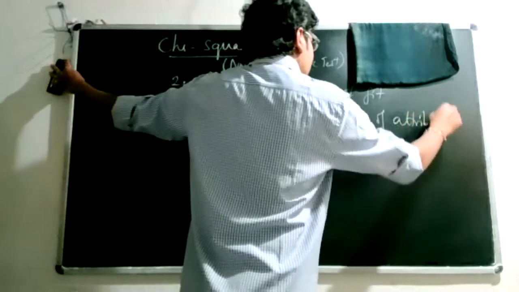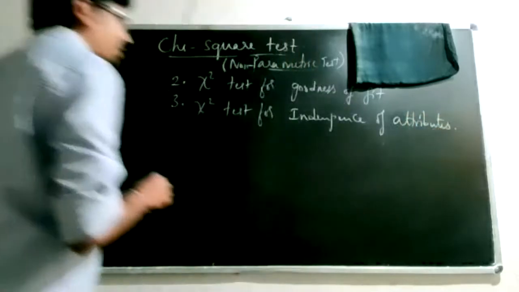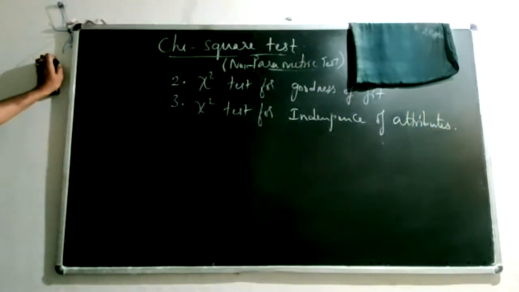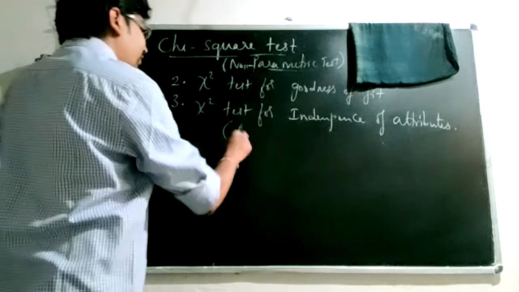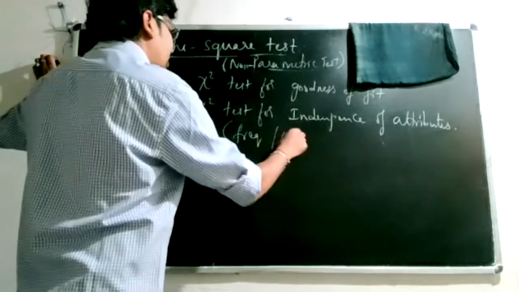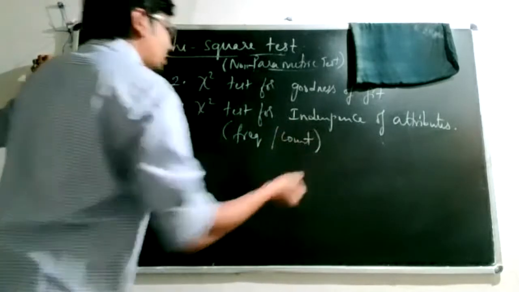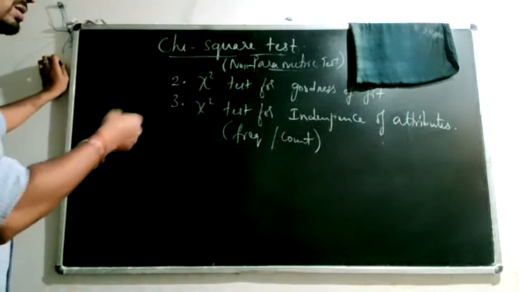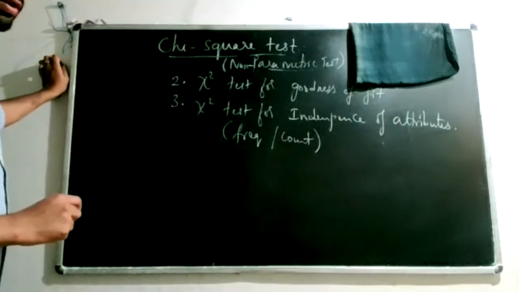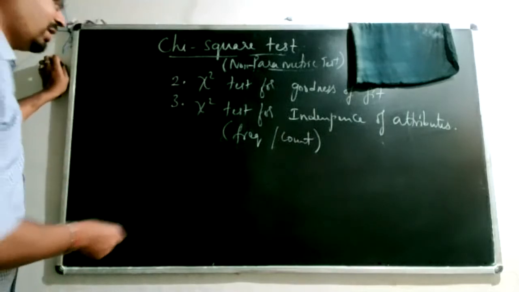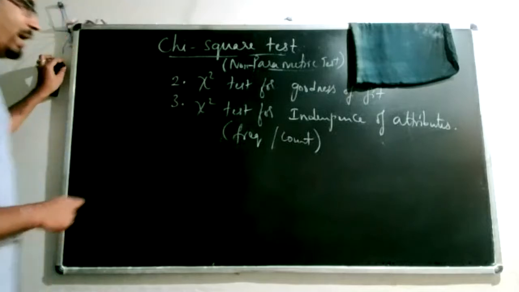So we want to see the dependency, like whether promotion is dependent on gender, or say high blood pressure is dependent on gender, or the result is dependent on gender. So you are talking about two attributes and you are completely dealing with frequency data or count data. We never know what the distribution of gender is, or what the distribution of results is. So you just have the frequency under the linked attributes.